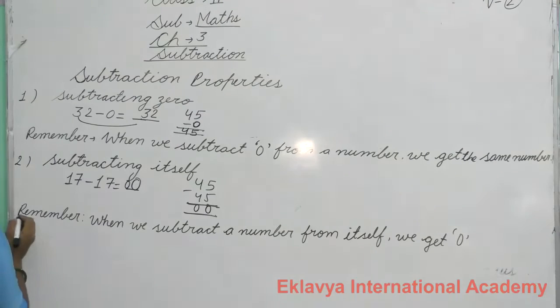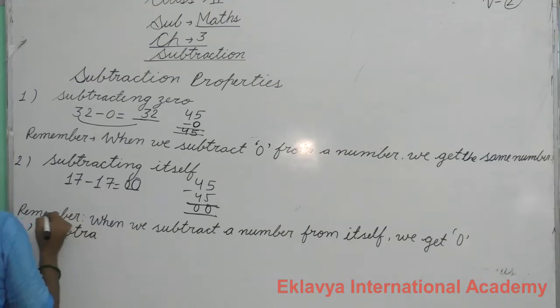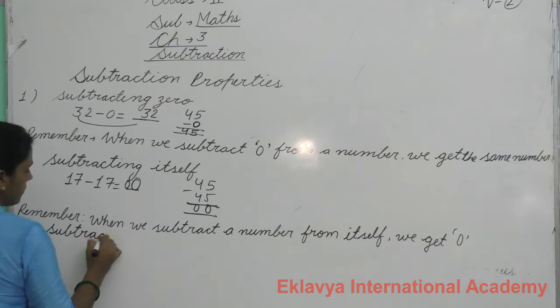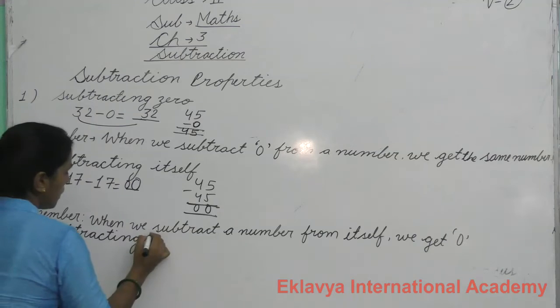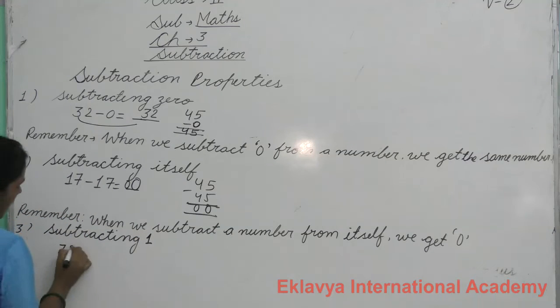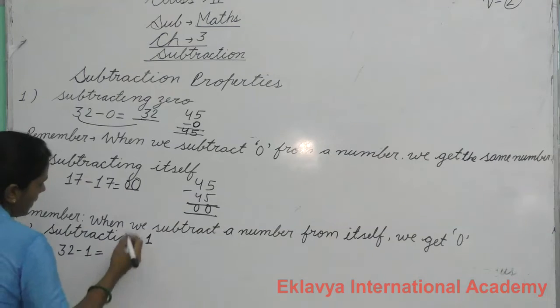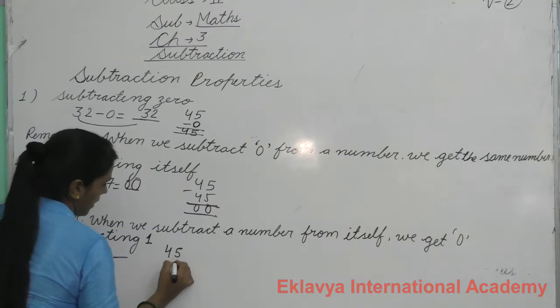Third one is the subtracting property of 1. I have taken that number and that digit.